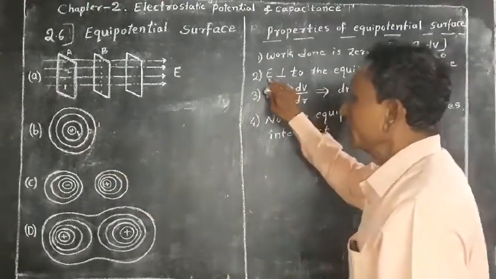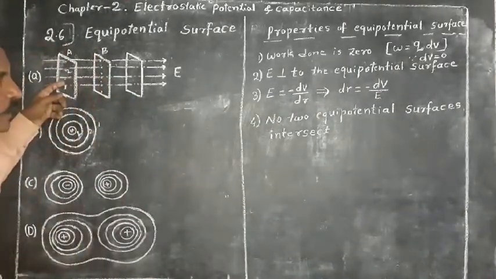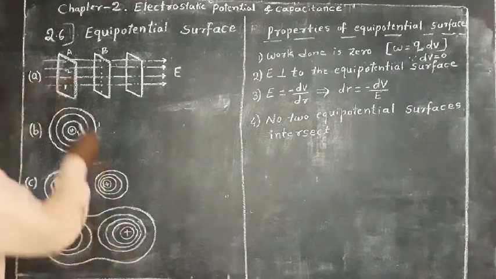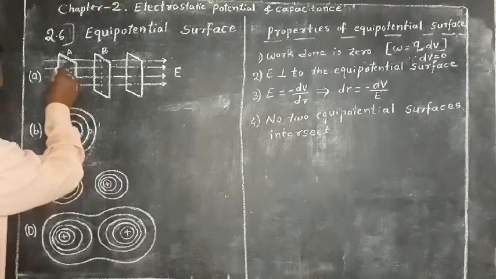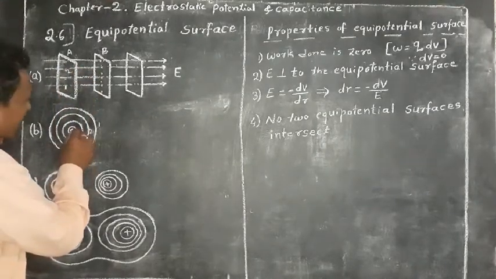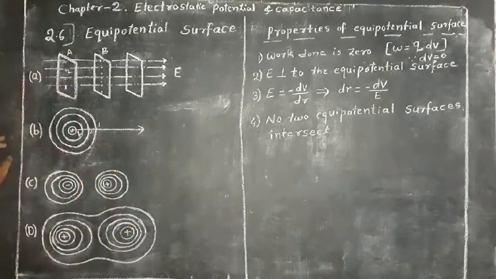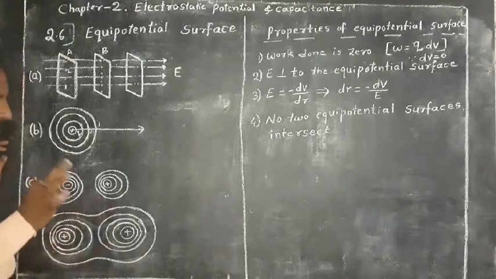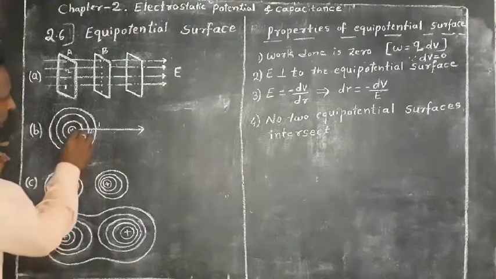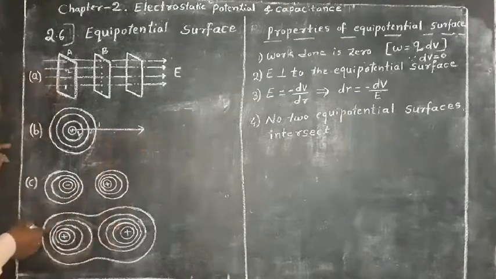And electric field is always perpendicular, or always normal, to the equipotential surface. This electric field is normal to the surface at any point. Similarly, if you draw the electric field, it is radially outward, and if we draw a perpendicular to the equipotential surface, it also passes through the direction of electric field.